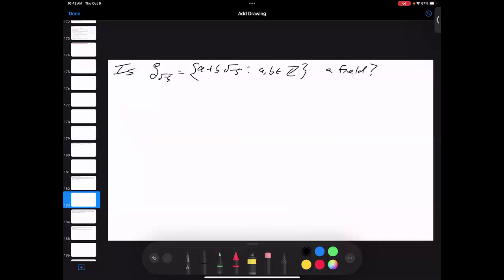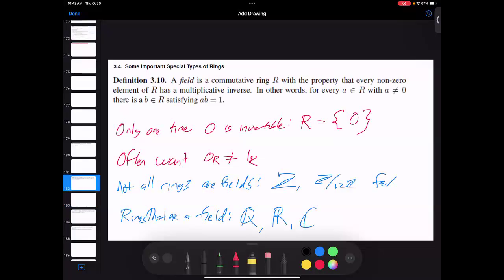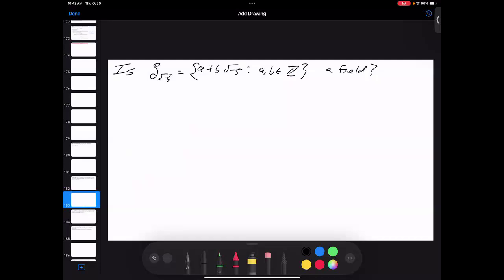What do you think? Yes or no? Can you come up with an element that you think might not be invertible? So every non-zero element has to have a multiplicative inverse to be a field. Are there any elements here that you think might have trouble having an inverse?